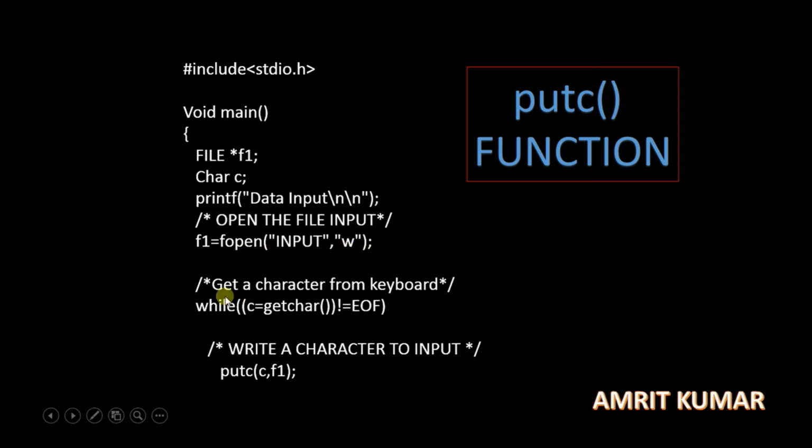After that I am getting characters from the keyboard. To get a character we use the getchar function, so I use a while loop: while c equals getchar not equal to EOF. EOF is the condition that ends the input, so this continues until EOF.